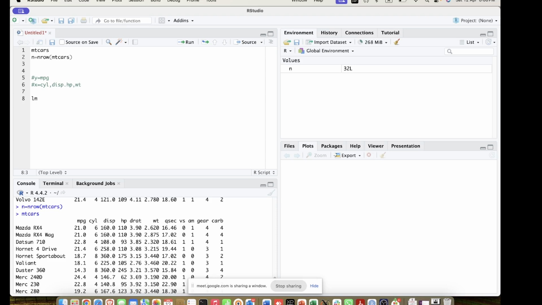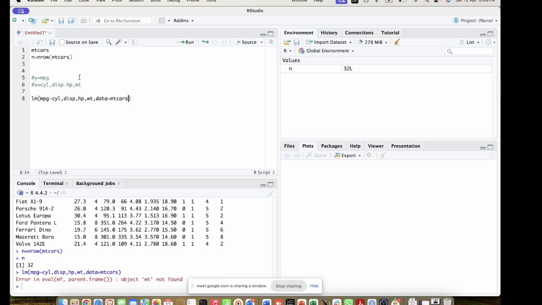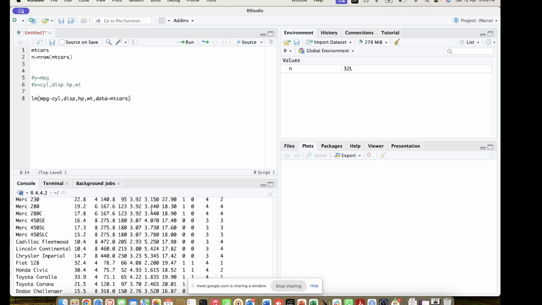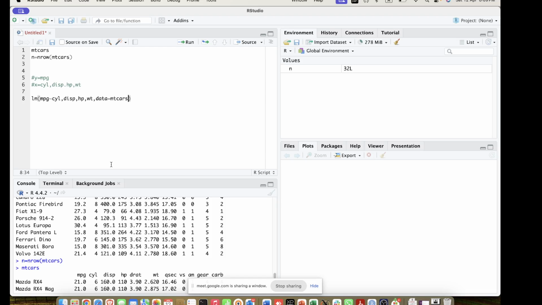So lm of mpg on cyl, disp, hp, wt, and data equal to mtcars.